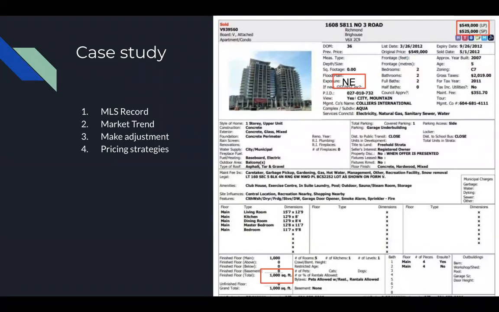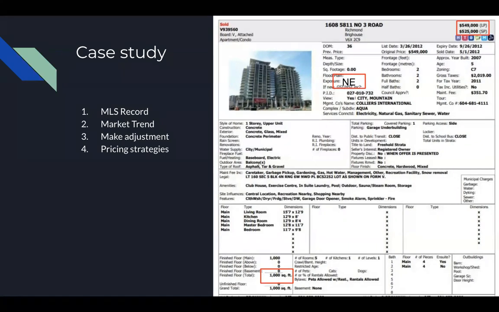So for example, this is a Richmond Number 3 condo. It's built in 2007, right? Right now it's 2020, so it's about 13 years. And you look at the exposure, it's northeast. But a lot of listings do not say northeast, they miss the exposure.